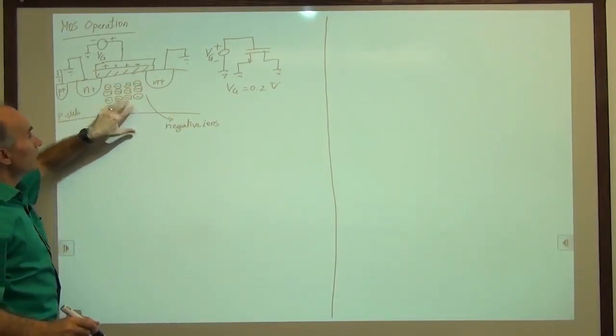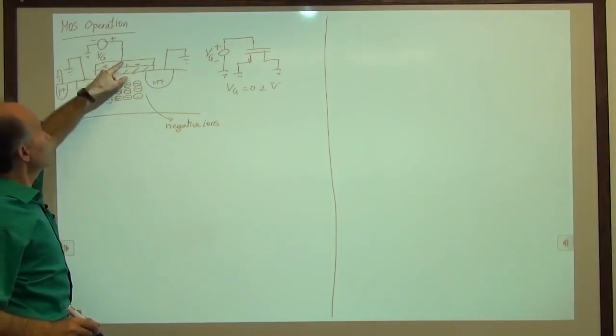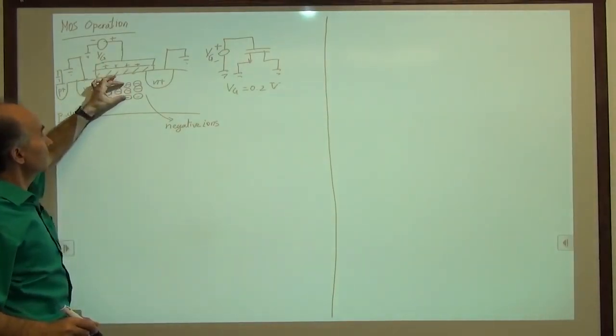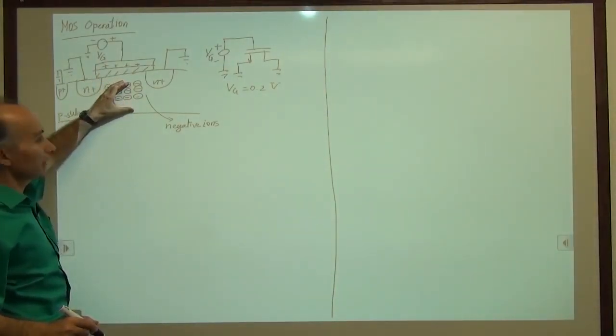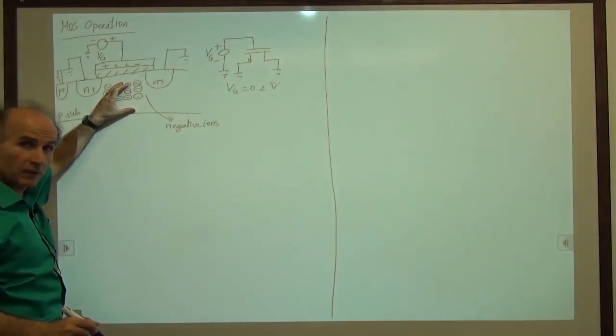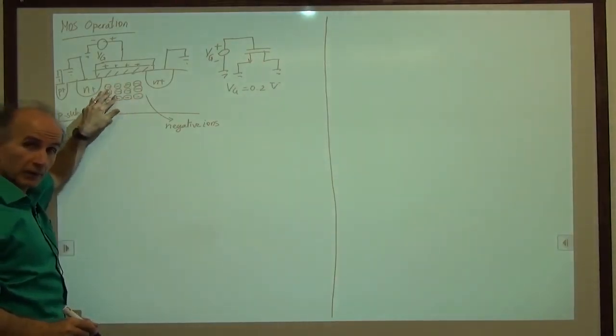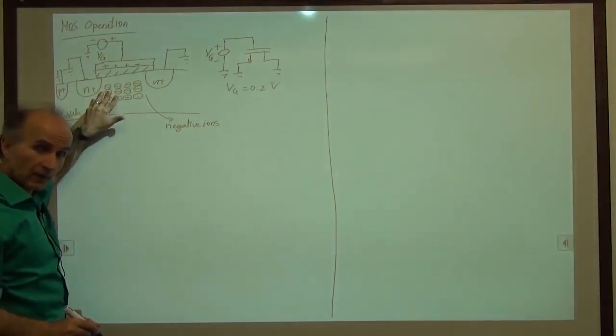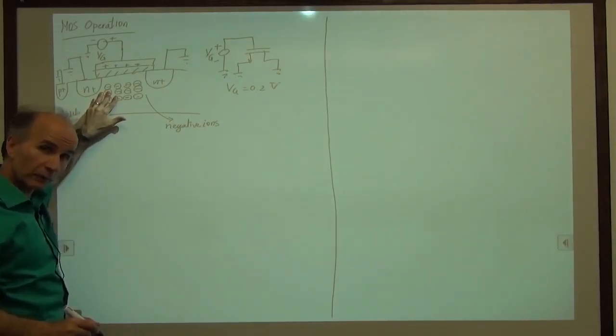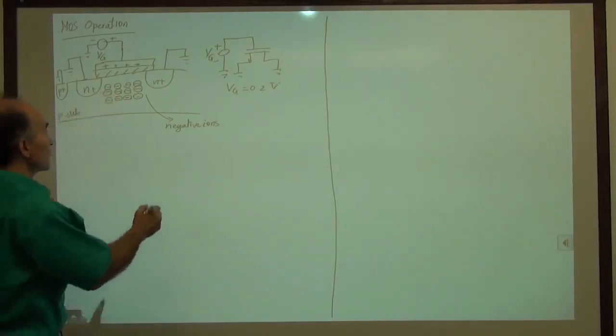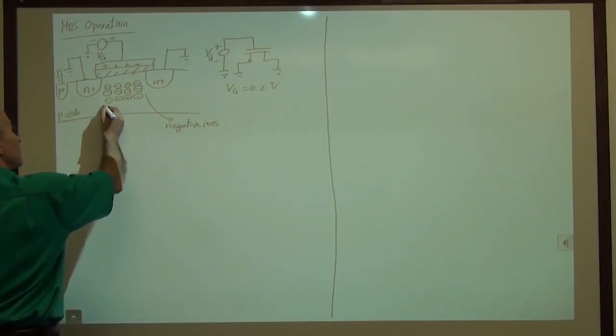Okay, so we have negative ions, and we keep increasing this voltage, and what we are thinking is that these negative ions become more and more in population, and we might actually call this a depletion region because it is depleted of free charge carriers. So we call this the depletion region.